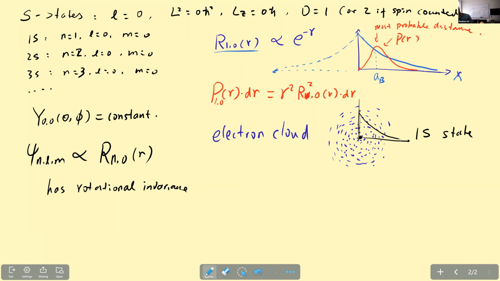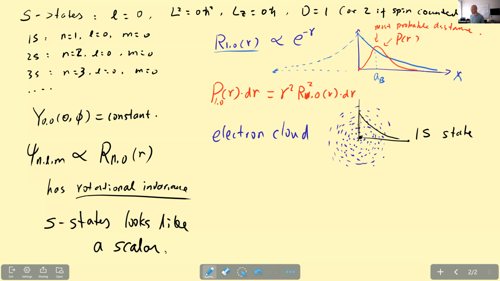And in this sense, because of this rotation invariance, we say that the s states look like a scalar.